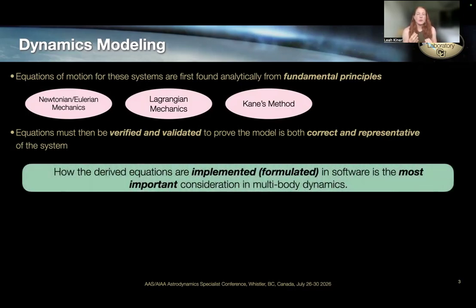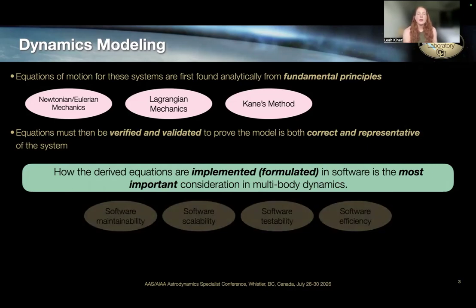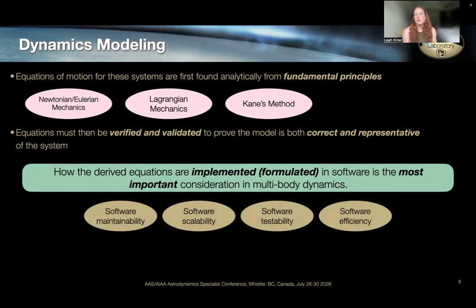However, the most important question here, which is really the central focus of this research, is how these derived equations are implemented or organized in software. This consideration has been widely studied for many, many years because it impacts many different aspects of the software, from how maintainable the software is to how scalable, testable, and efficient the software can be.